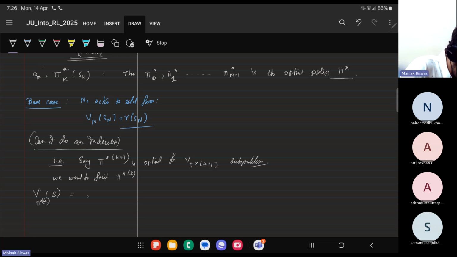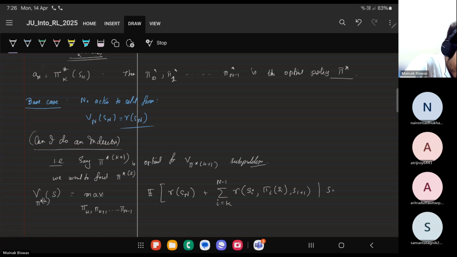Again, do you agree that is the max over pi k plus 1 to pi n minus 1 of the expected value of reward at Sn plus the summation for i equal to k to n minus 1 of reward at Si, pi i of Si plus 1 given Sk is equal to S. Is this clear?